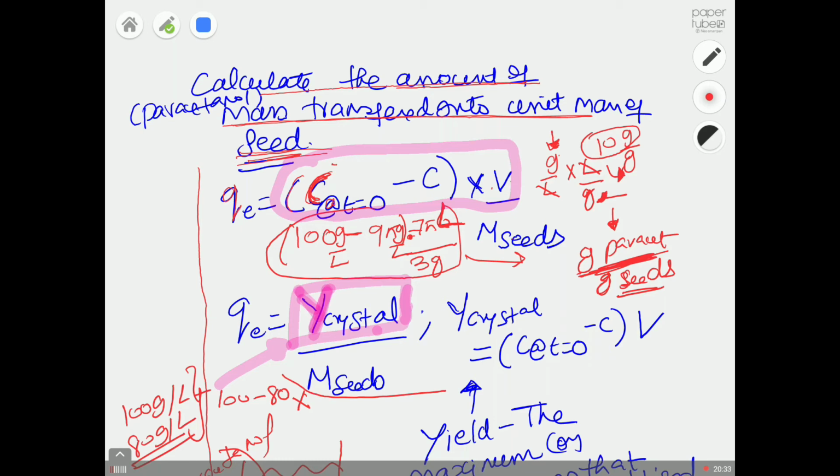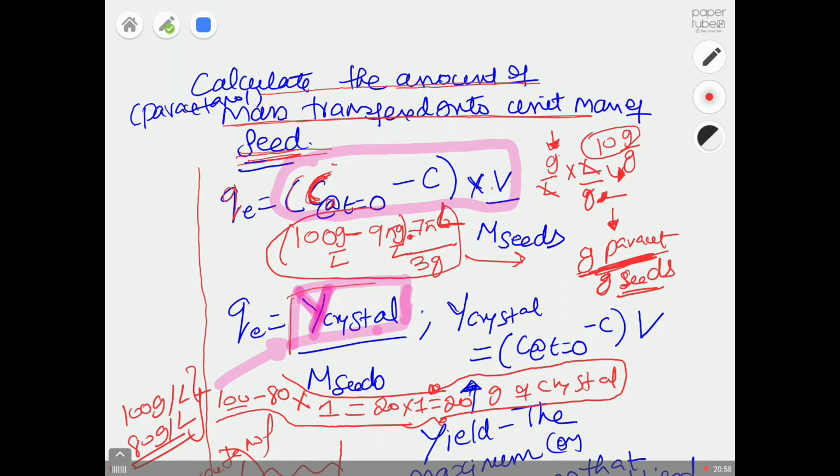Imagine if you are performing all of your experiments in 1 liter solution, you just multiply it by 1. So the total mass that you can get is 100 minus 80, that will be 20, multiplied by 1, equal to 20 gram of crystals. So that's the mass of crystals that you can crystallize inside the crystallizer. That's why we call it yield. If the yield is equal to 100 gram, it means you cannot crystallize more than 100 gram in the crystallizer at that particular time.